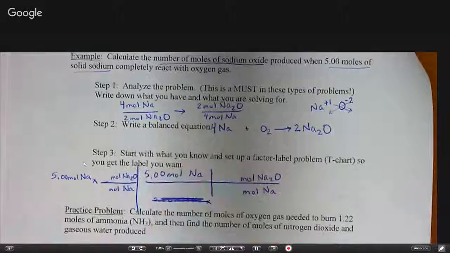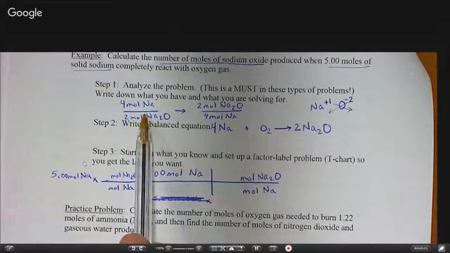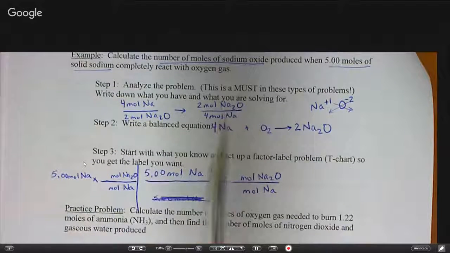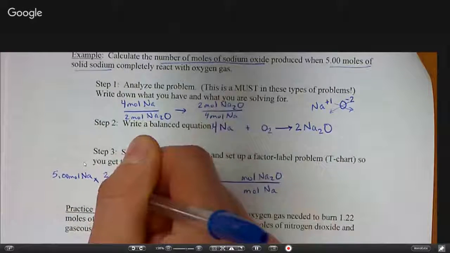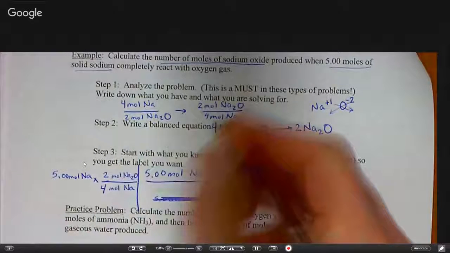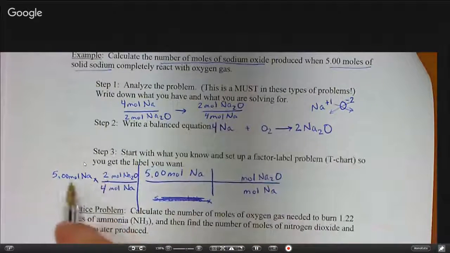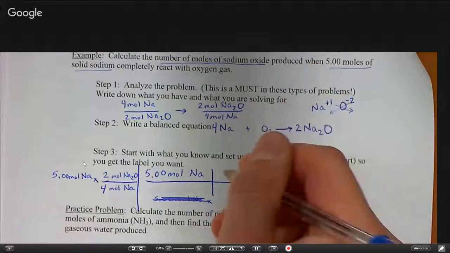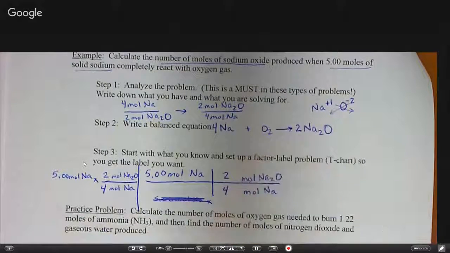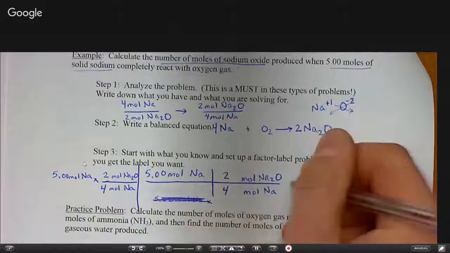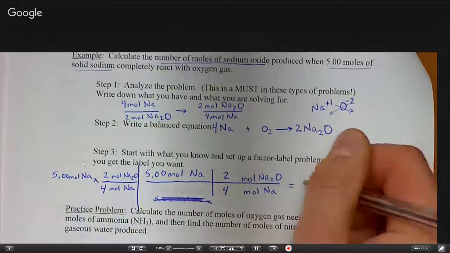So we're going to take the conversion factor such that sodium oxide is on top. So 2 on top, 4 on the bottom. Notice we're multiplying by a fraction, 5 times 2 over 4. I fill it in over here. Now 5 times 2 is 10, divided by 4 is 2.5.